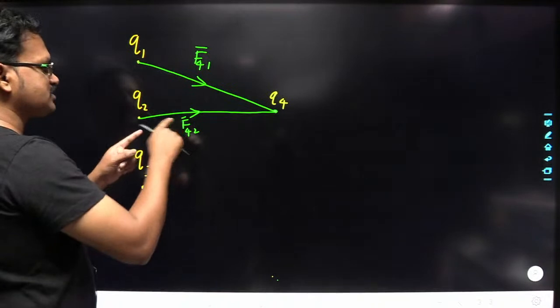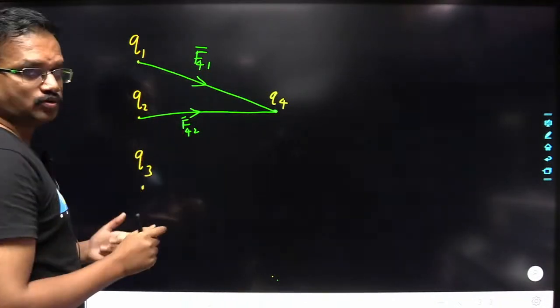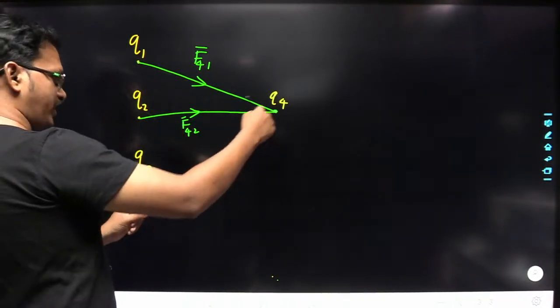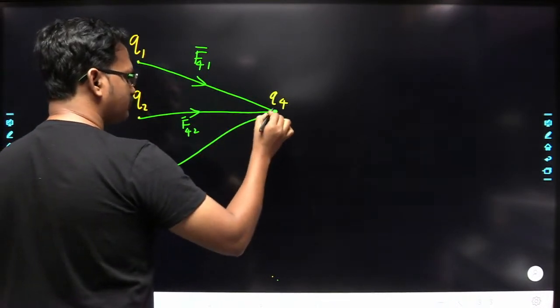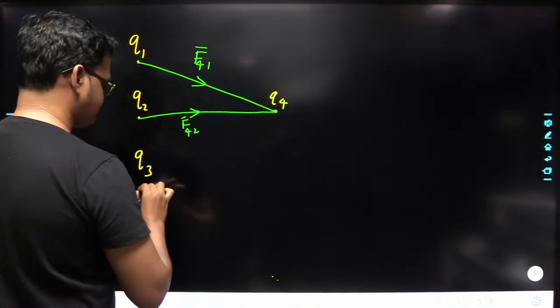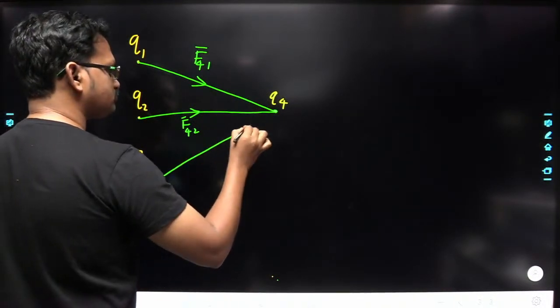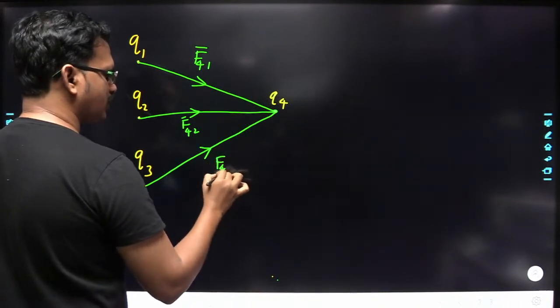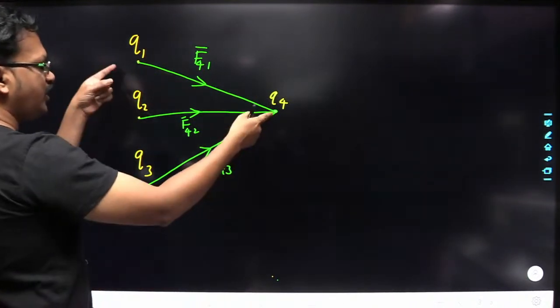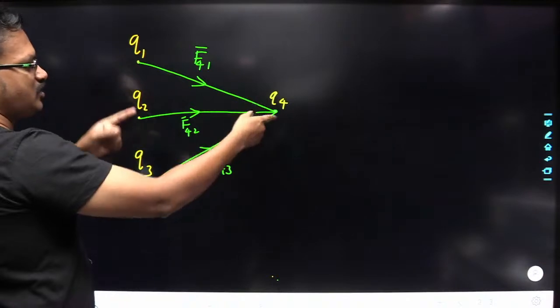Now calculate this force on 4 due to 2. Next, consider these 2 point charges and determine the force on 4 due to 3. So take any 2 point charges at a time and determine the force.